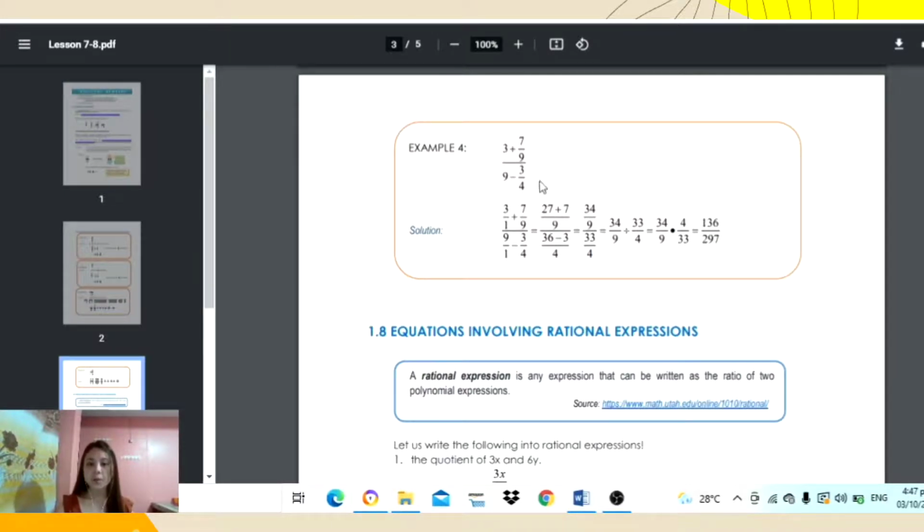Therefore, this complex fraction is just equal to this simple fraction, 136 over 297. So that's it for complex fractions and converting complex fractions to simple fractions.